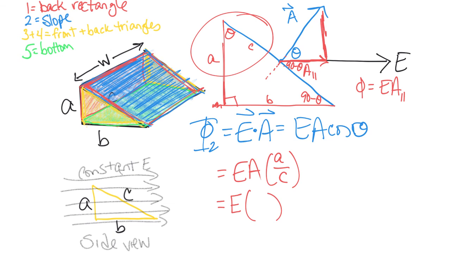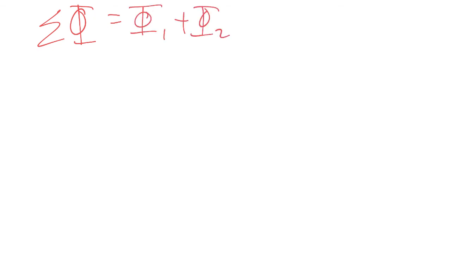The area of that rectangle is C times W. So, boom, E A W. All right, we're almost there, guys. Net flux is phi 1 plus phi 2 plus phi 3 plus phi 4 plus phi 5.